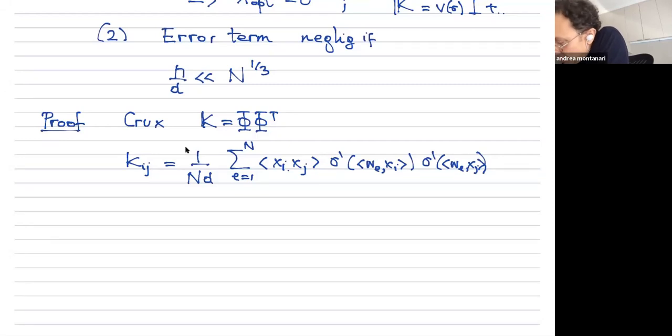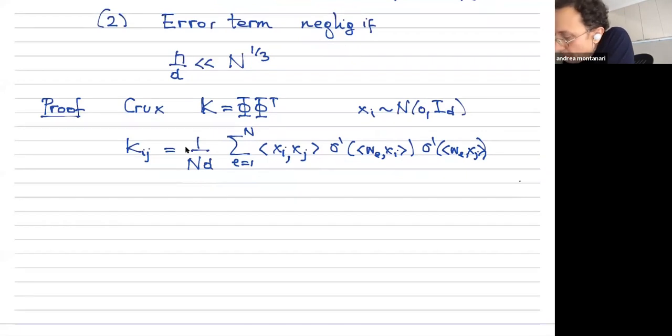If it was just the first piece, it would be a Wishart matrix. If sigma prime is a constant, if the activation is linear, this is just a Wishart matrix. Remember that the x_i are random in my model. If there was no first term, then it would be a kernel random matrix, but it is a bit more complicated than that.